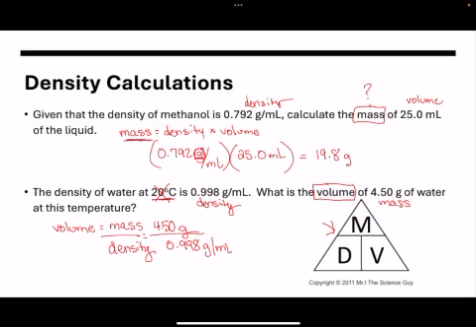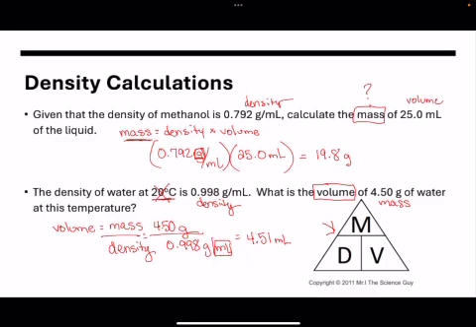If you type that into your calculator, you will get 4.51. Now, we look here, our volume amount that we used in here is going to be our milliliters, so we want to be consistent. So that is milliliters for our volume.